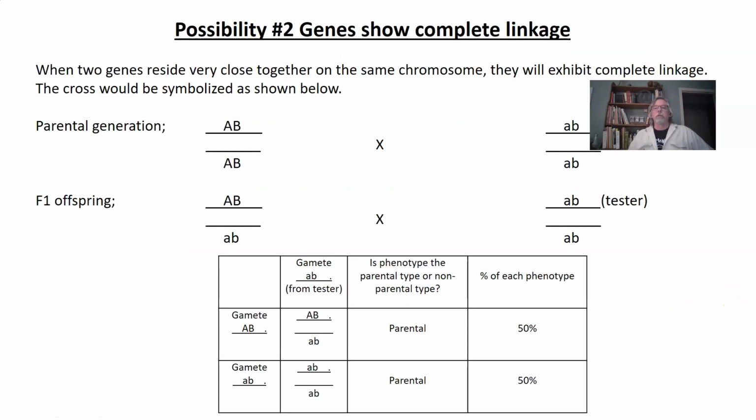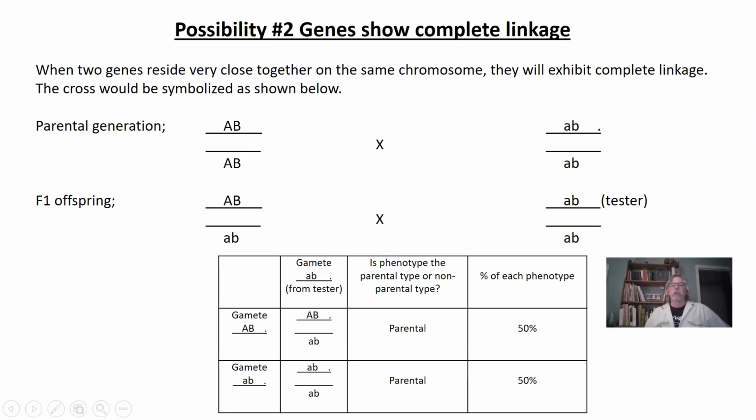Okay, so here's an example of a cross in which the genes are showing complete linkage. And what complete linkage means is if you set up this cross, pure breeding for A and B, dominant traits for both, to pure breeding for little a and little b, recessive traits for both, you would get this F1 offspring.